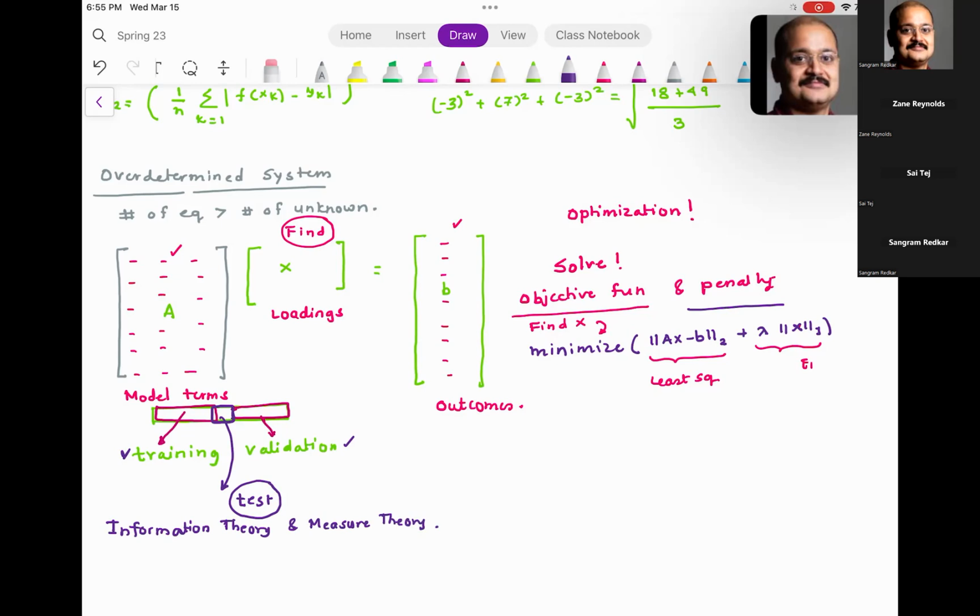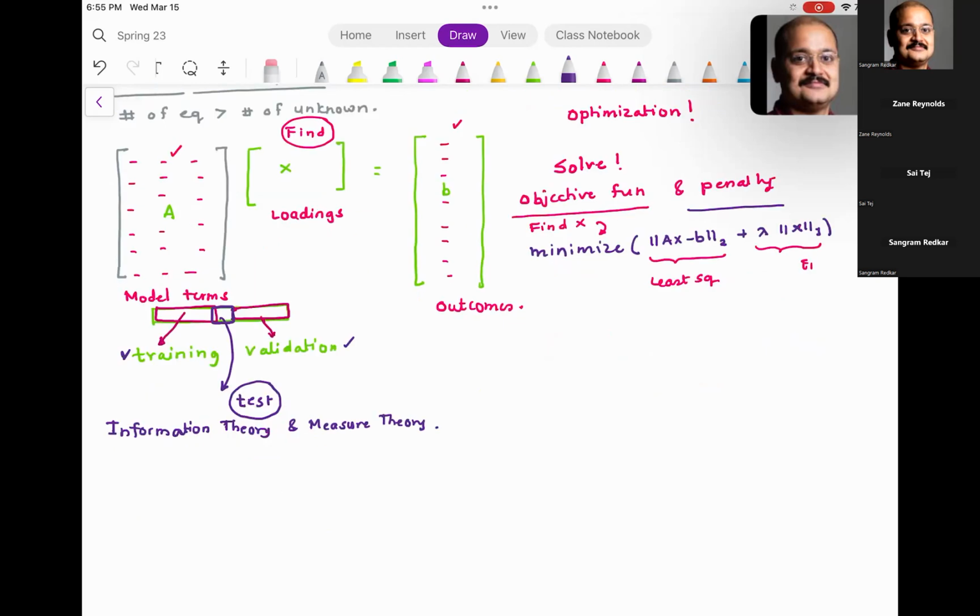They measure the difference or the distance between two probability distributions. For example, if you have two random variables and we want to find out the difference between these distributions, then you use measure theory.